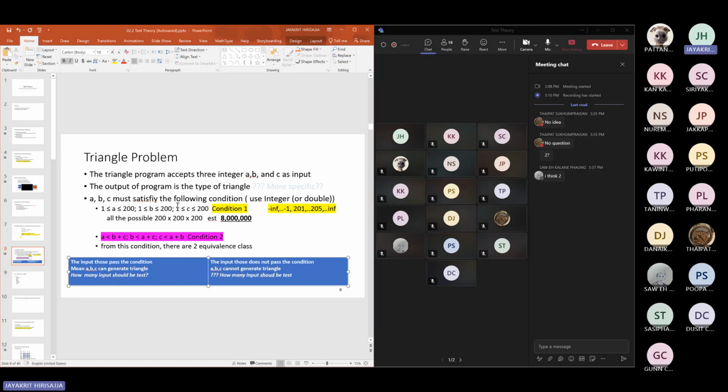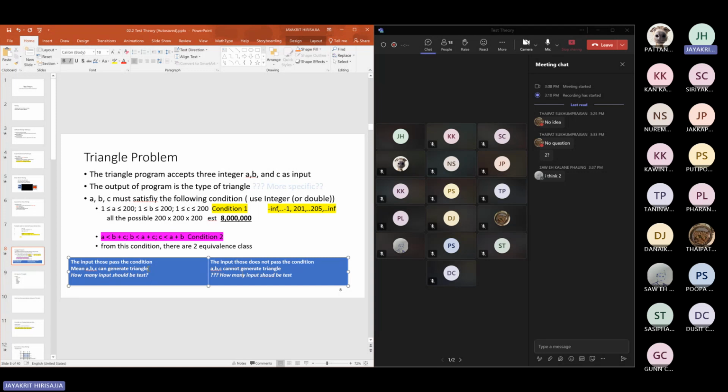So the first one, in detail. If we have the values of A, B, and C between 1 and 200, we have to input A from 1 to 200, and B from 1 to 200. If we had to input A, B, and C for all values, it should be 8 million inputs, right?